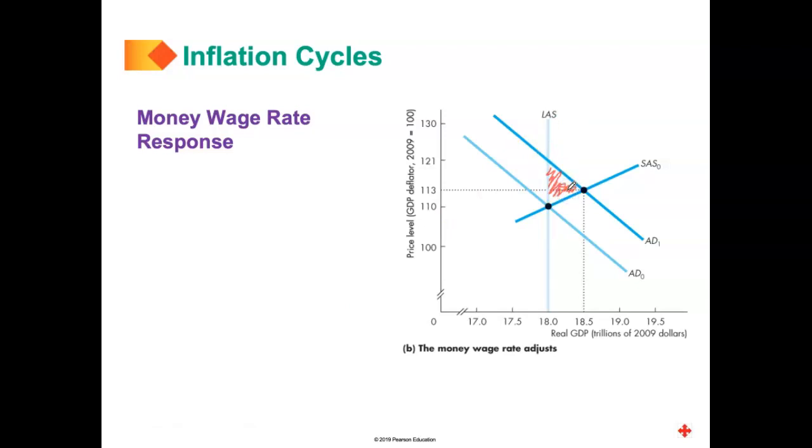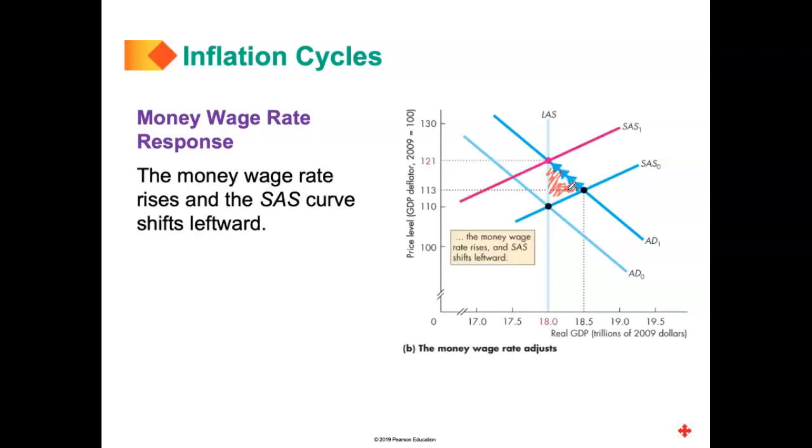It wants to close it and go back to the normal level of GDP, which is 18 trillion dollars. There's going to be an increase in the money wage rate, so producers have to lay people off. When producers lay people off, the short-run aggregate supply curve is going to decrease.